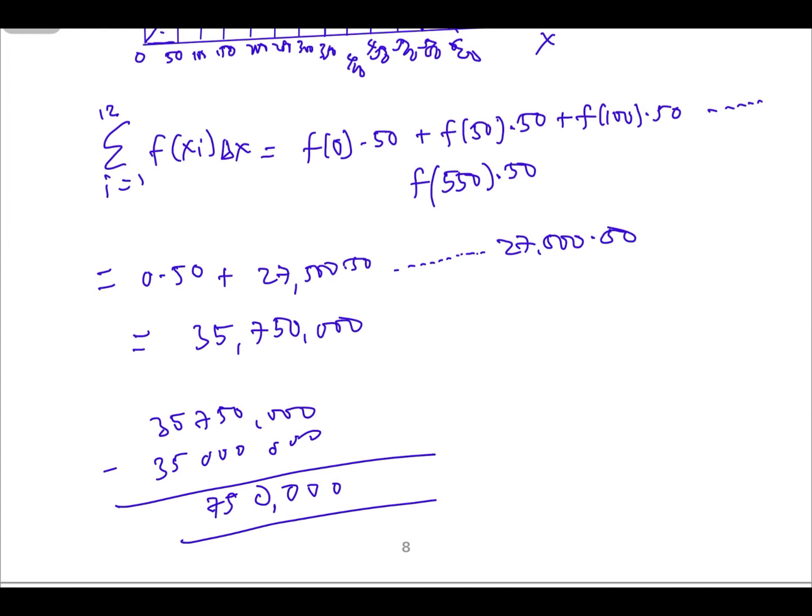This means that the more you divide, increasing the subintervals, the more accurate your value gets. So this is a very significant figure. Take note, the more you increase the rectangles, the closer you get to the true value.